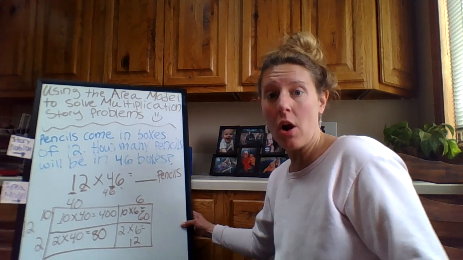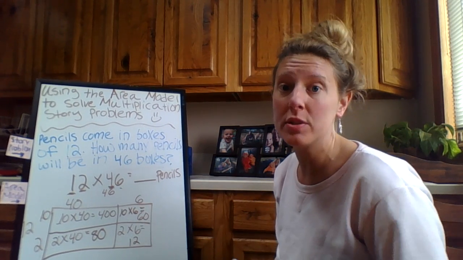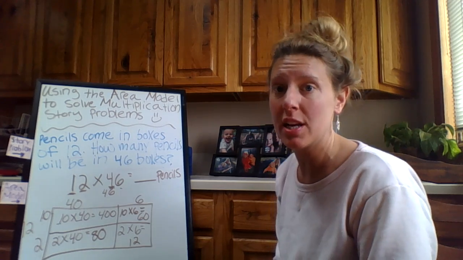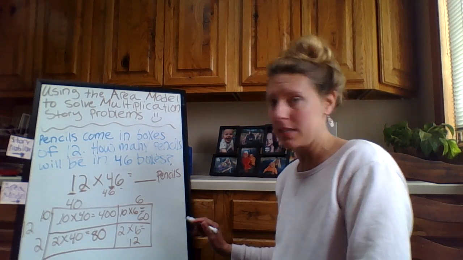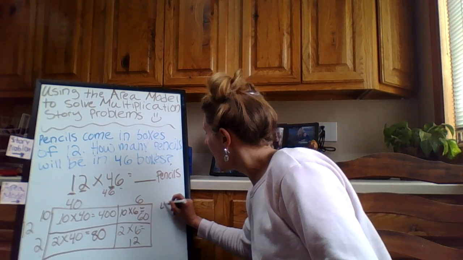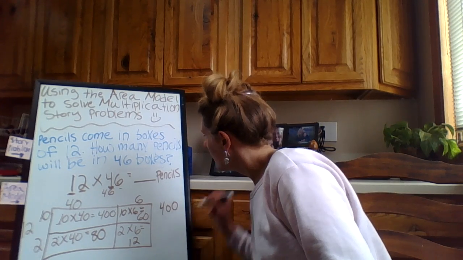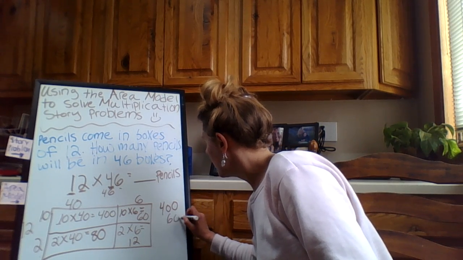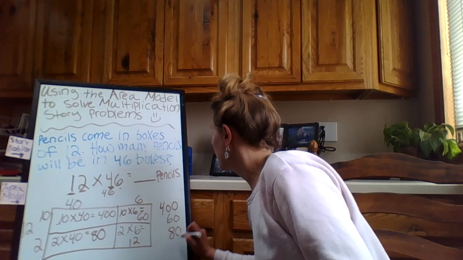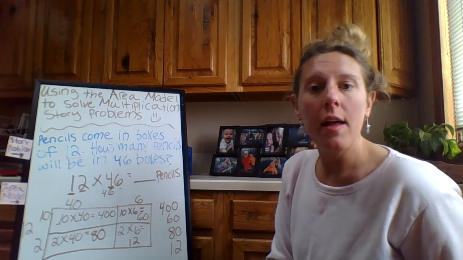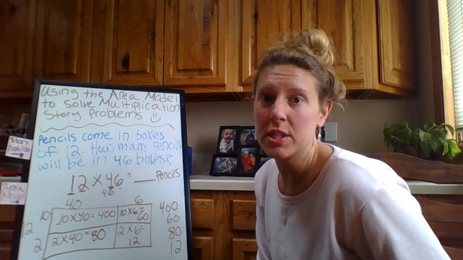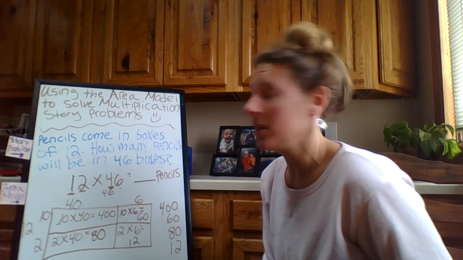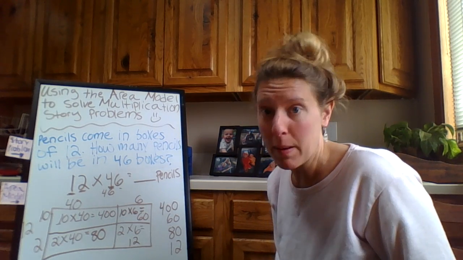Now, I know this might be a little bit difficult for you to see. We have to add our products, and we can use the standard algorithm for addition to show this, and I'm going to do this on the side. So we're going to add 400, 60, 80, and 12. The most important thing to keep in mind when we use the US standard algorithm for addition is that all of our digits are aligned by place.